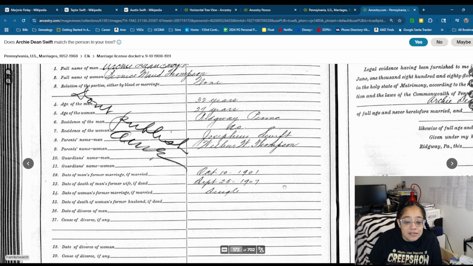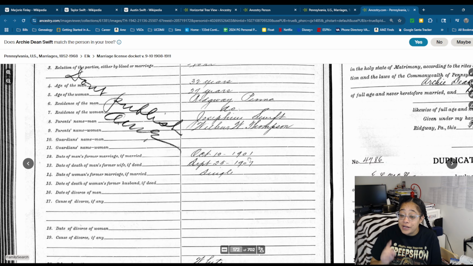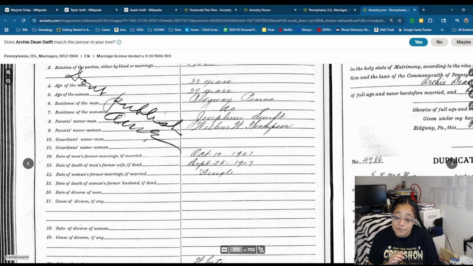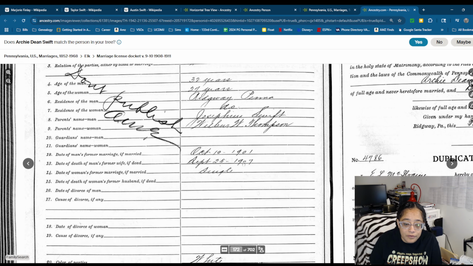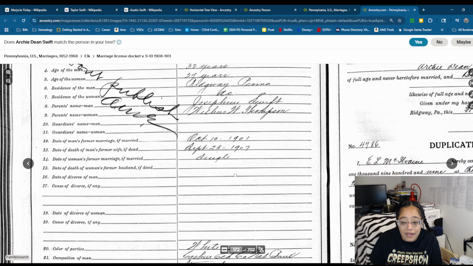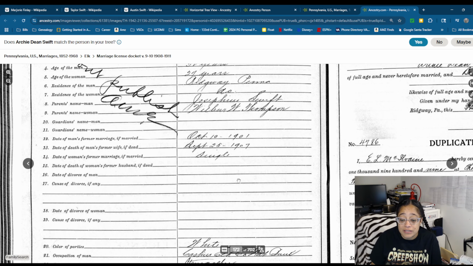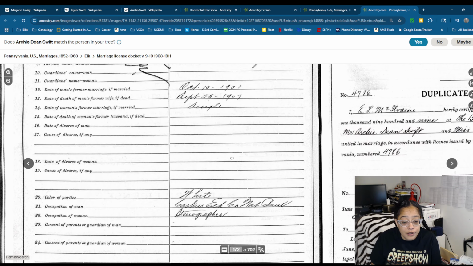And then it says, and here we go, date of man's former marriage, if married, October 10th, 1901. So not only Junior was married before, but also Senior, but his wife did die within a decade of them being married. And then single says she's never ever been married before.